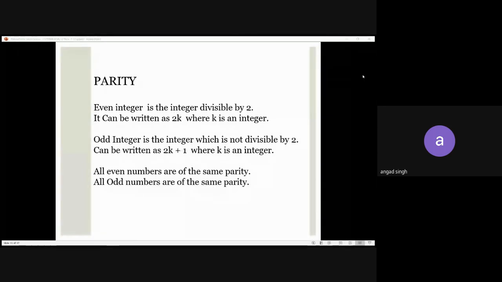Yes, infinite integers are now sitting in 2 boxes only. Finitely many boxes, only 2 boxes. I am putting all even in one box, all odd in one box. So there are 2 boxes.